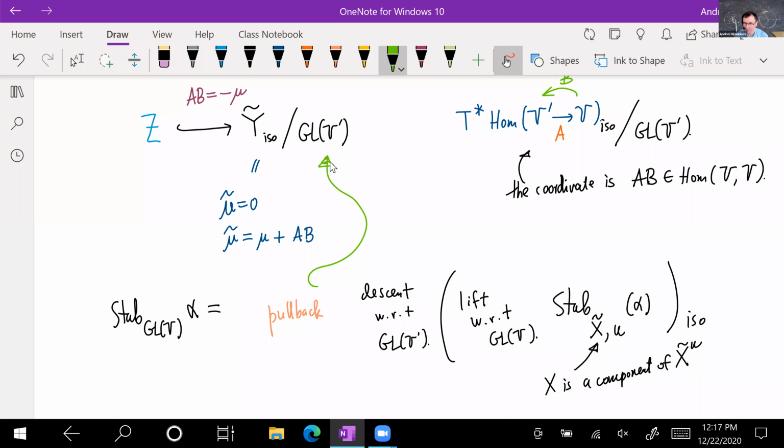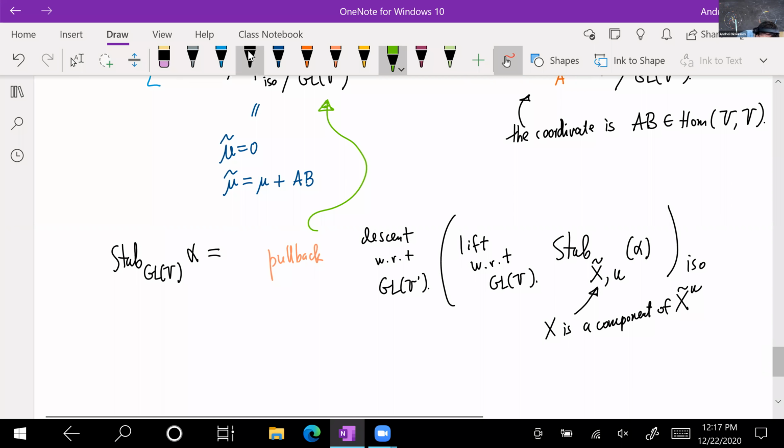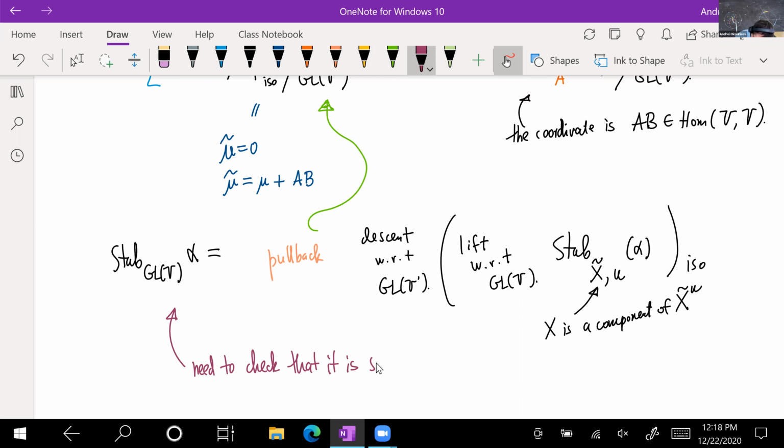That's okay. And so the only thing you need to check is that it is really supported where it's supposed to be supported. It's very easy to check that it is the section of the right bundle, and then you need to check that it is supported on actual mu inverse of 0.